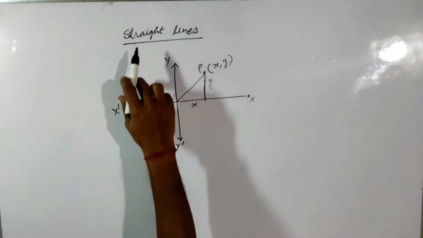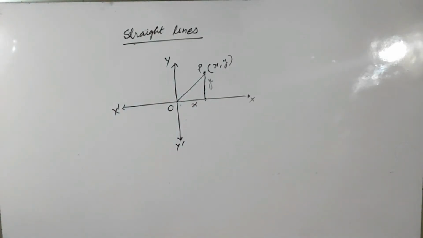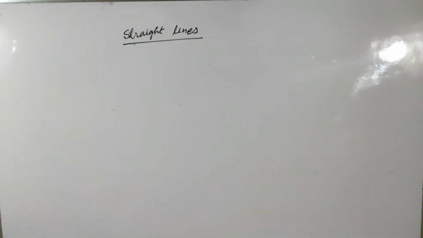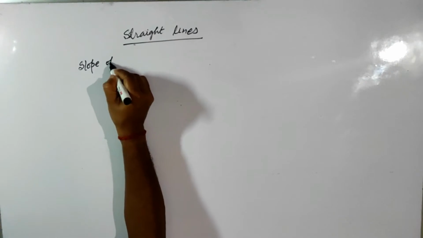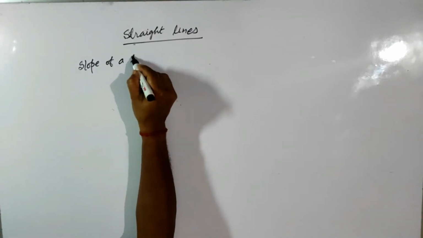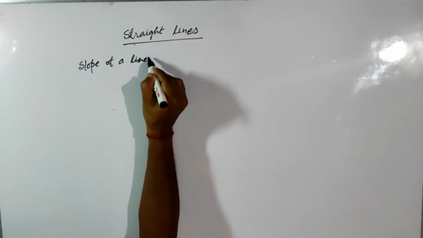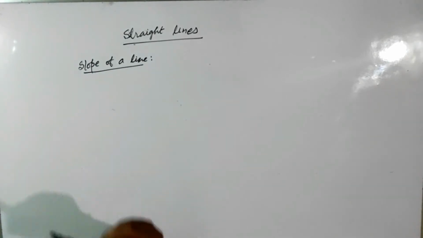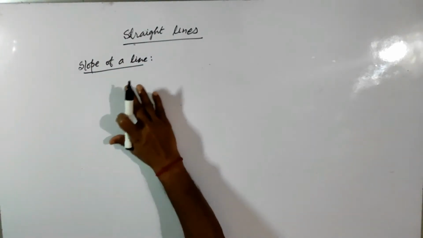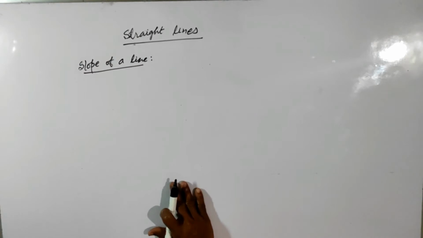Here we have to discuss the straight line. Now we have to take the slope of a line. Consider this is a coordinate plane.